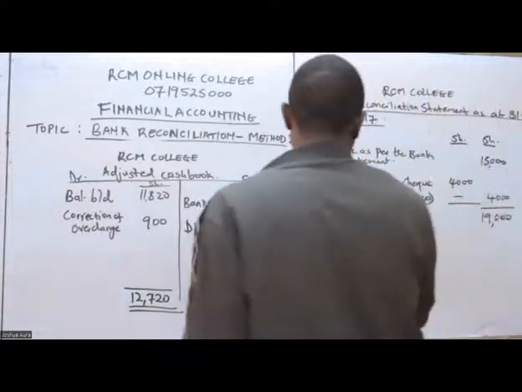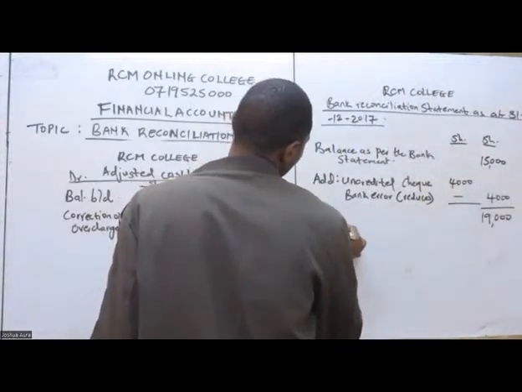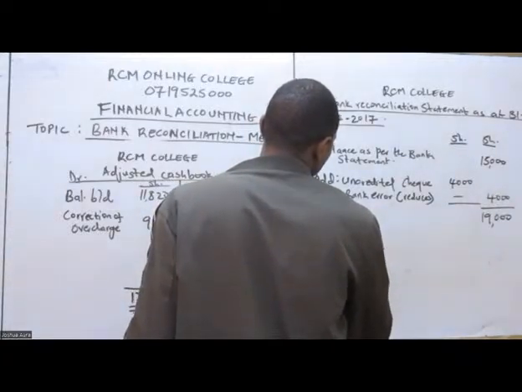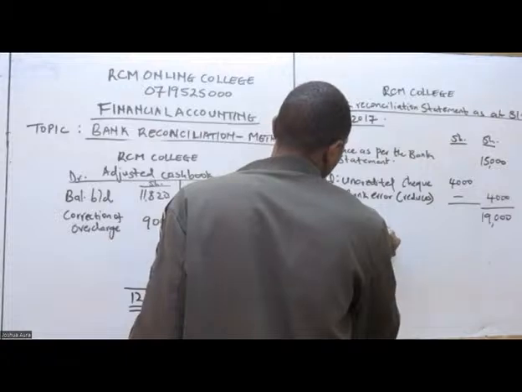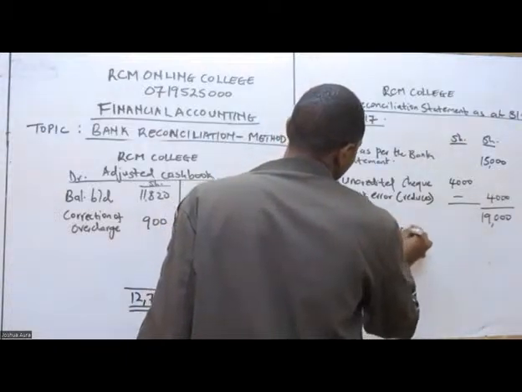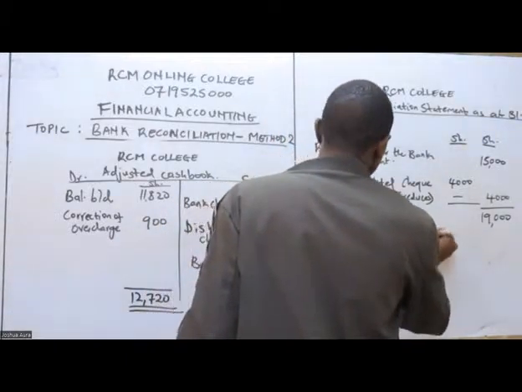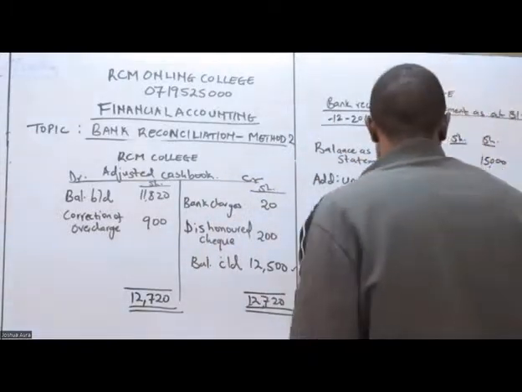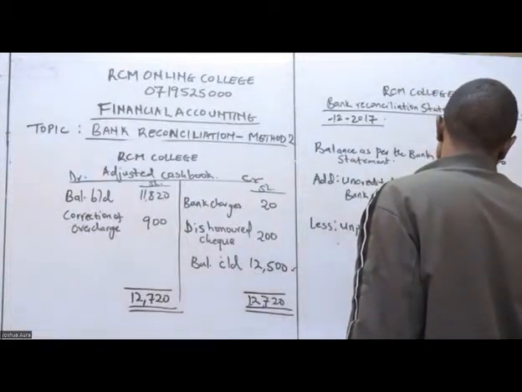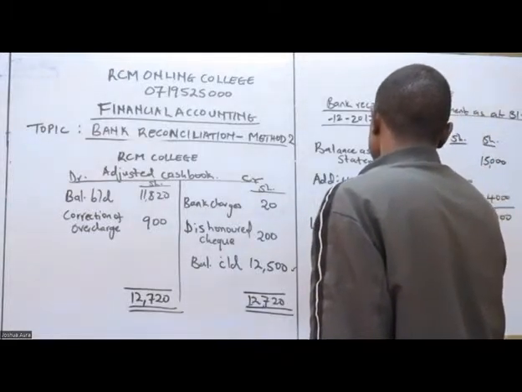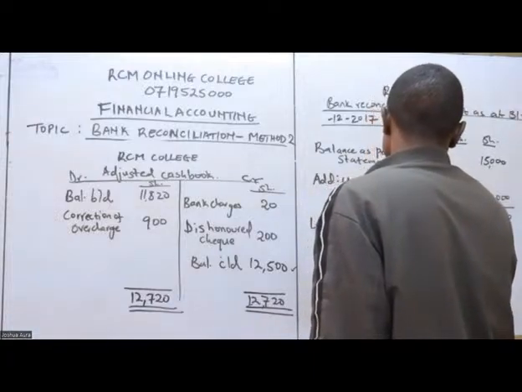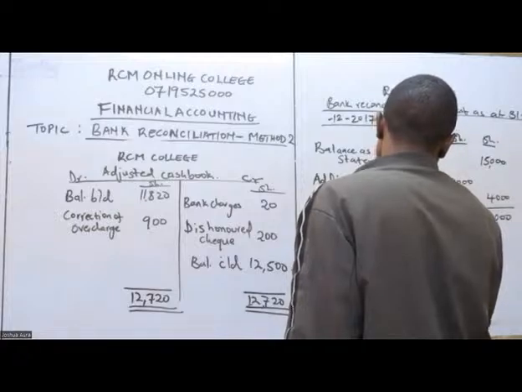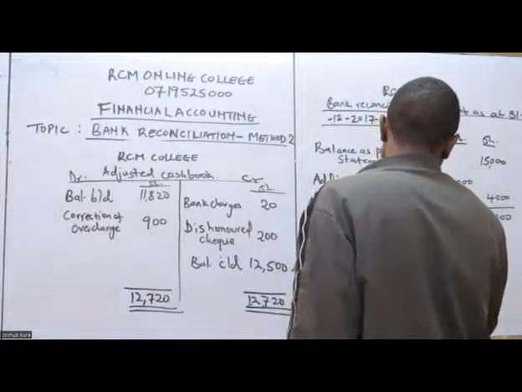So if I get 19,000, I less the unpresented check. For this unpresented check, I think you've seen we had 6,500. Do you have any bank error that increases our bank balance?